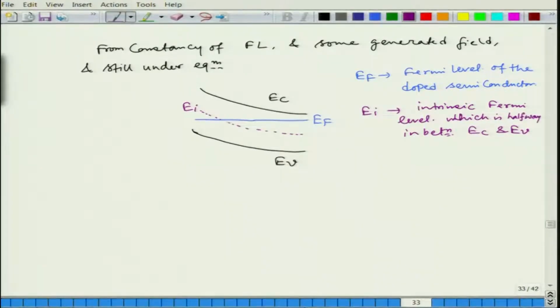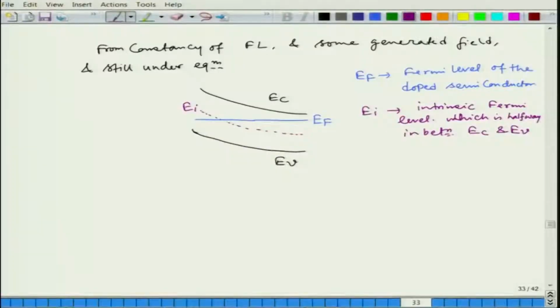It is exactly bisecting the EC and EV. Okay. But EF can have different distance from the EC or EV depending on the doping level, right. So, that is why we have kept EF to be the doped semiconductor or extrinsic semiconductor Fermi level, but it has to be constant throughout.